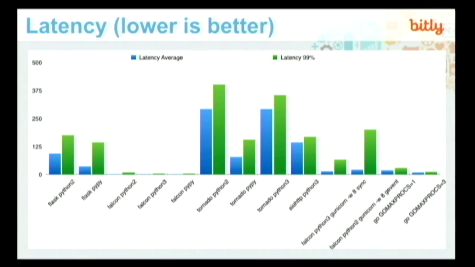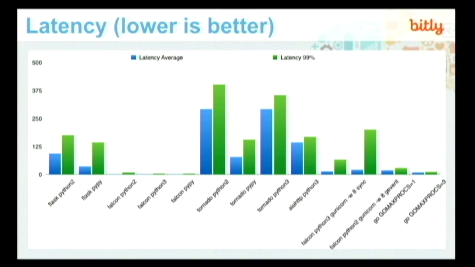So latency. What we have here is average and 99th percentile. And the interesting bit on this is Falcon, like I said, billed itself as ridiculously low latency, and they deliver. That is 1.5 to 2.2 milliseconds worth of latency per request.